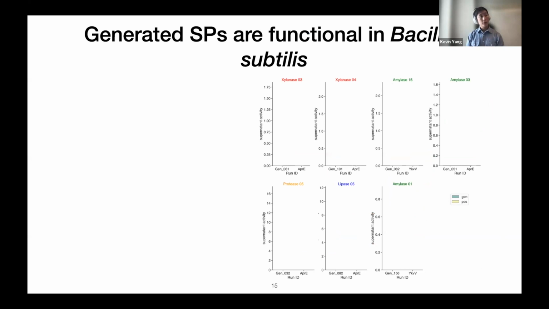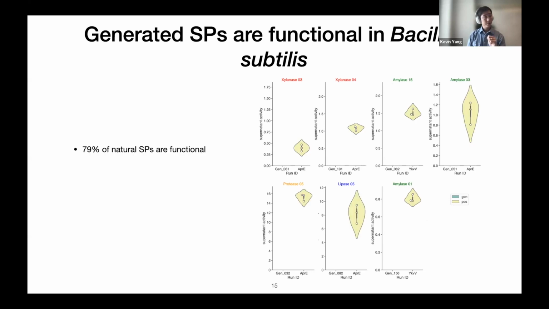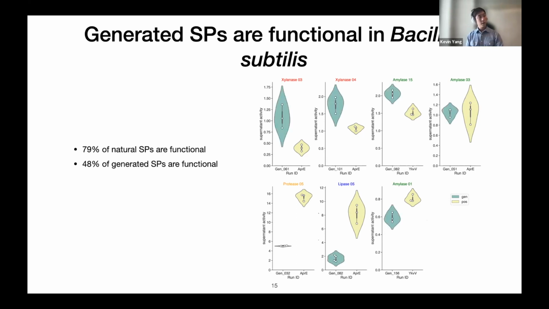We also then took these generated signal peptides, generated them for several classes of enzymes, and expressed them heterologously in Bacillus subtilis. We want to show for each that we can get comparable or better performance using generated versus natural signal peptides. 79% of natural signal peptides we tested were functional, and about 48% of the generated ones were functional, meaning that the enzyme is secreted and has activity.